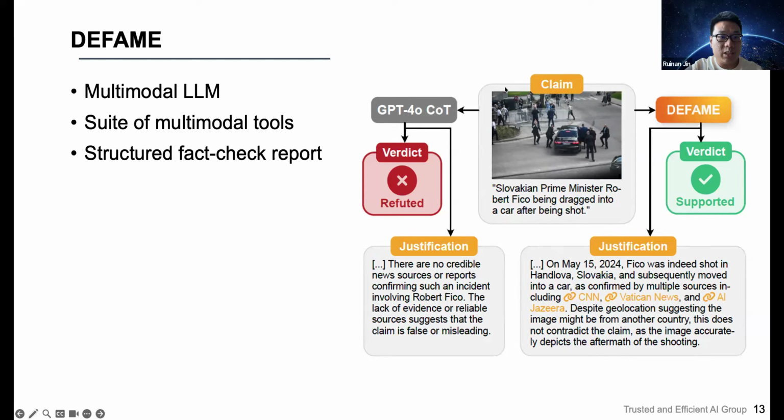So it will first use a vanilla baseline like GPT-4o, optionally with chain of thought, to judge if this claim is correct or not. And then they have their new proposed framework to produce the justification and the verdict. So this is the overview of the study.